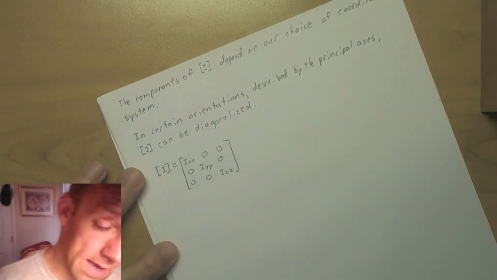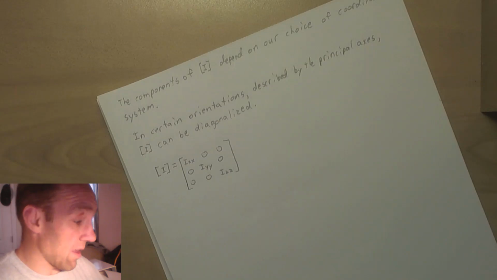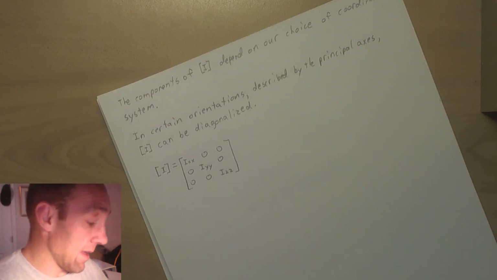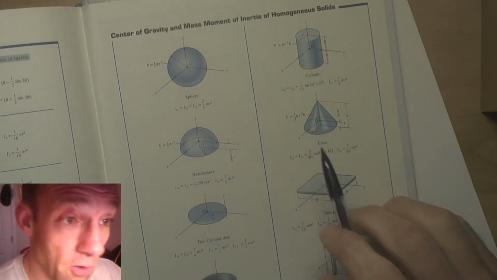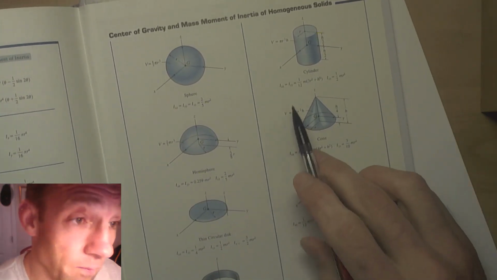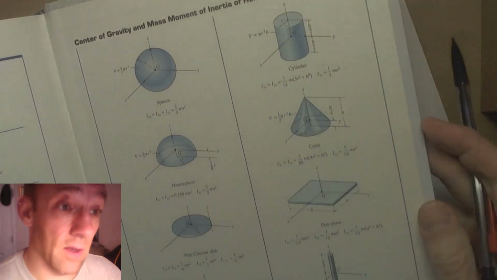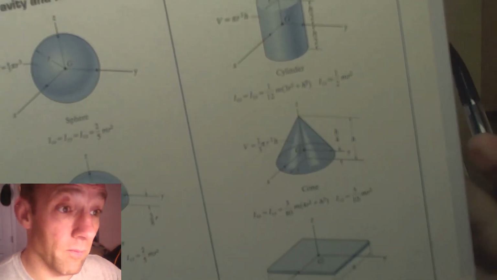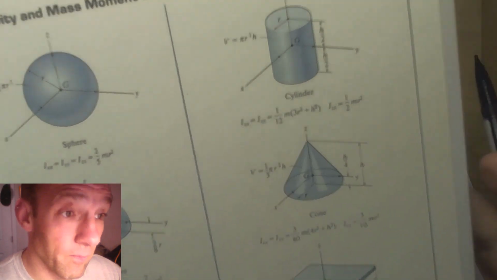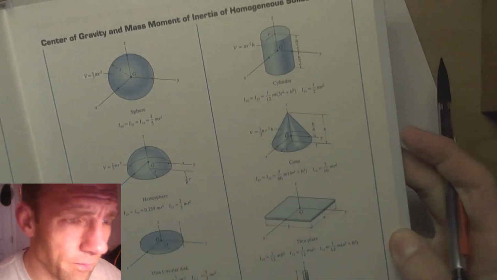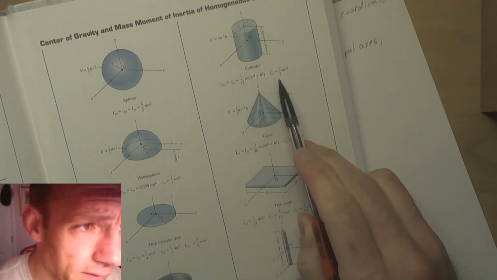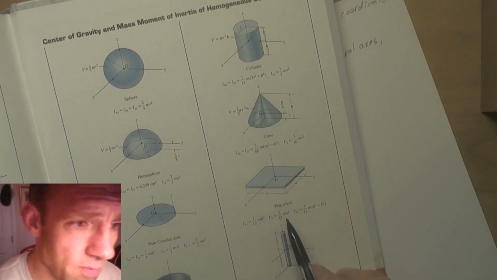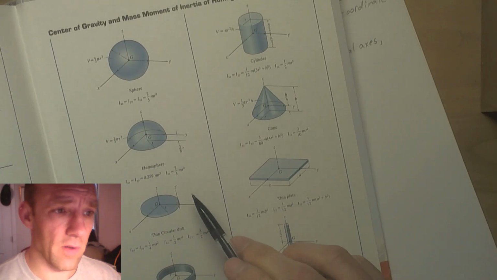Okay, and that's often what's given in these tables. So if you look in the back of the textbook, you're only given three quantities. Anyway, XX, YY, and ZZ for these simple geometries.